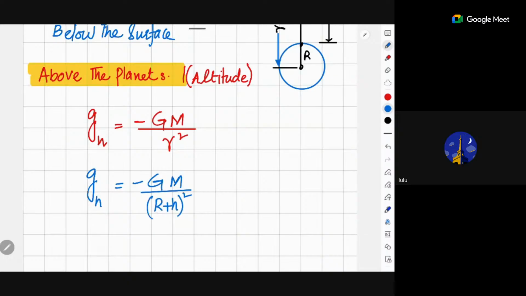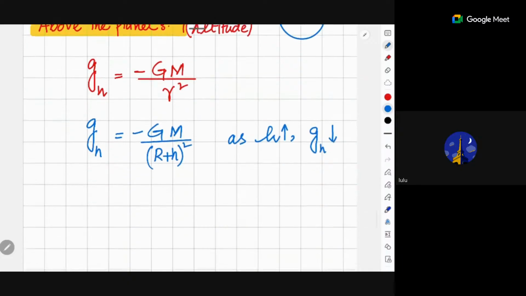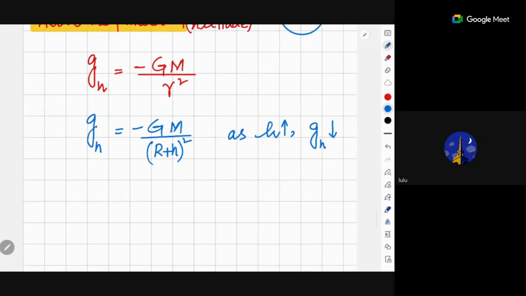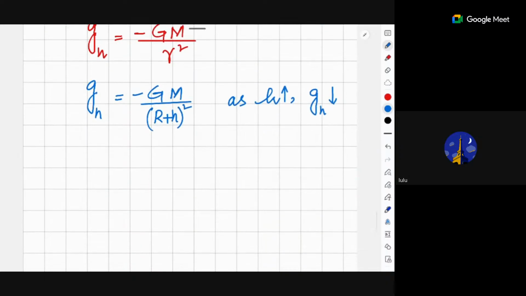So g equals minus GM divided by (capital R plus h) whole square. It means that as h increases, the value of g decreases. That is a very simple concept to understand: as you increase h, the value of g decreases. So it basically follows the inverse square law.